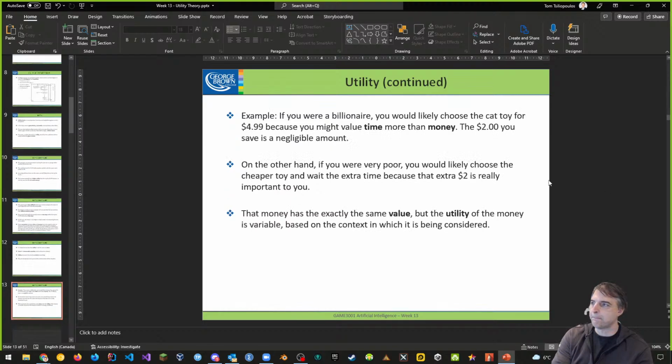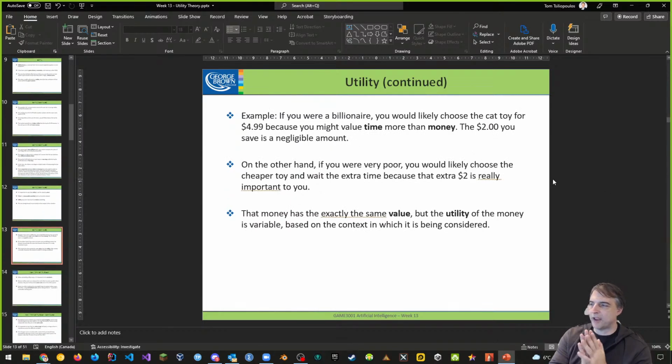In some ways. So for example, if we were a billionaire, we had lots of money, you would likely choose the cat toy for $4.99 because you might value time more than money, and then the $2 you save is negligible, right? On the other hand, if you're not so rich, you would likely choose the cheaper toy and wait the extra time because that extra $2 is really important to you because you need it, right?